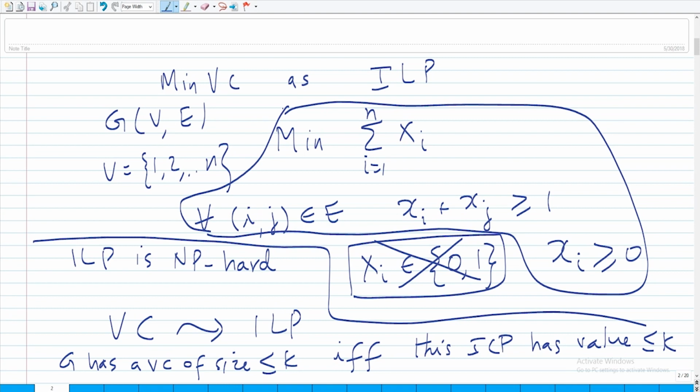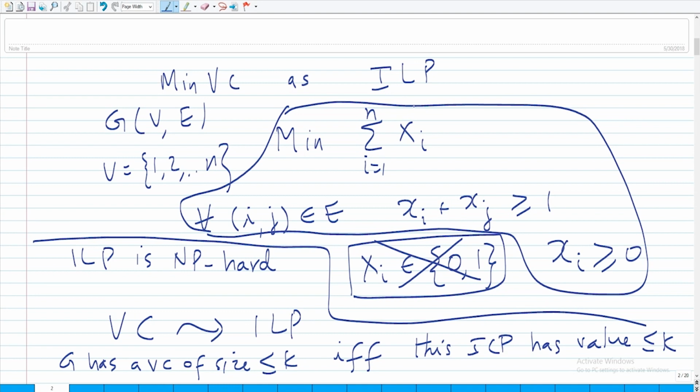So, is there a reason to make some xi greater than 1? No, because I just have to satisfy the constraint xi plus xj is greater than or equal to 1. If some variable goes above 1, bring it to 1, it will still satisfy the constraint and the objective value will go down. So, even without the additional less than or equal to 1 constraint, this is a linear programming relaxation of vertex cover.